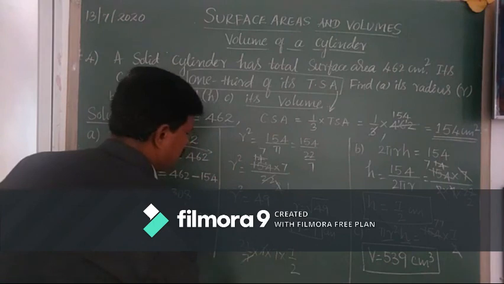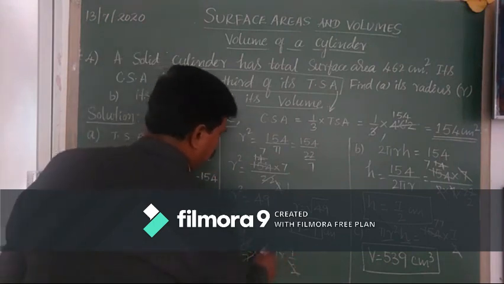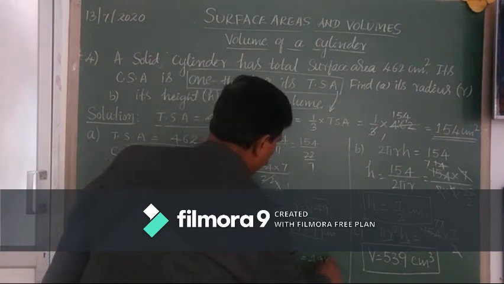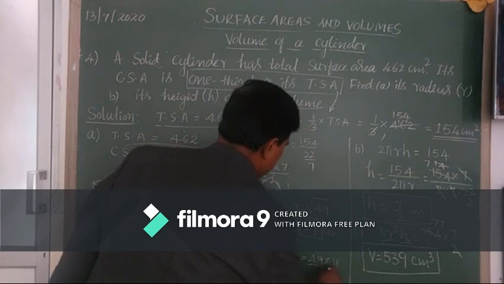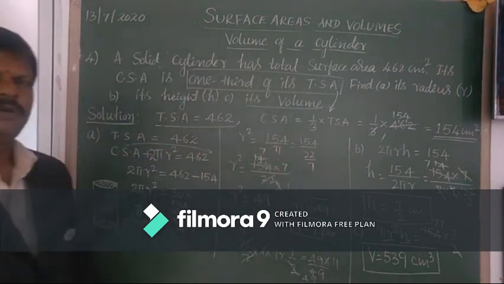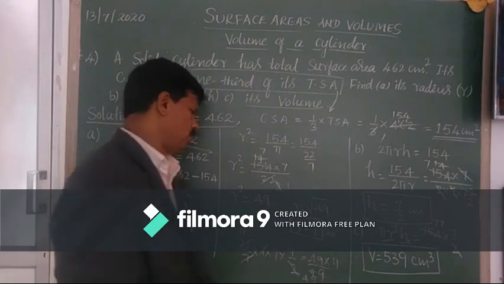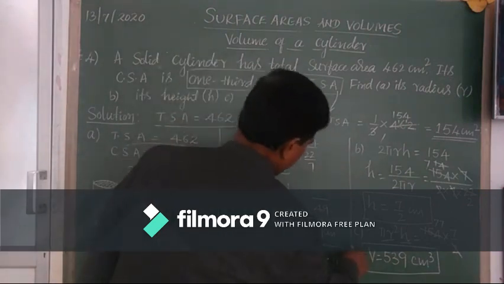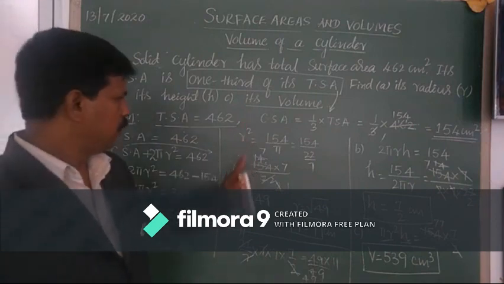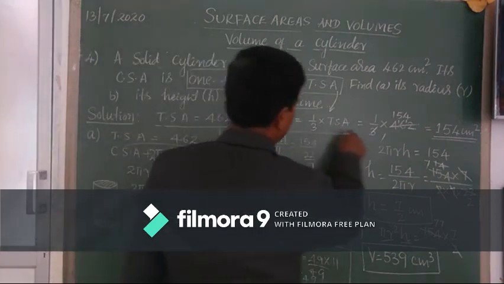Here a 7 and 7 cancel. Here 2 ones are 2, 11s are 11. Then 7 sevens are 49. 49 into 11 is 539. So you can do it like this also. So avoid the length of steps. You can do directly like this. Clear? So here is finding the radius.